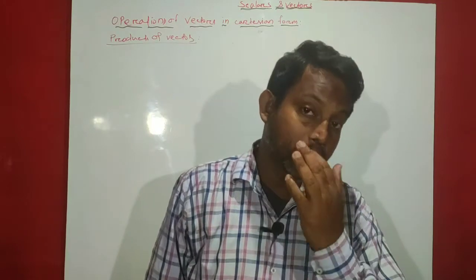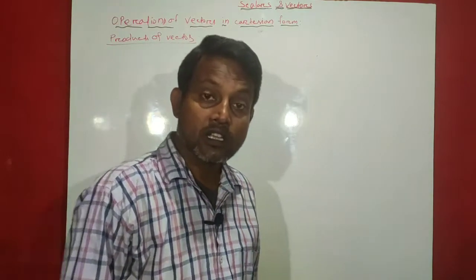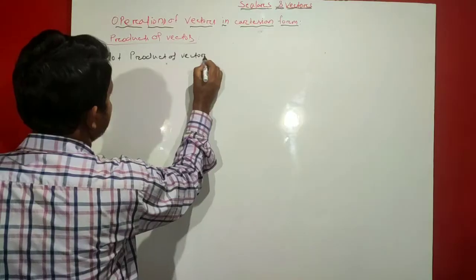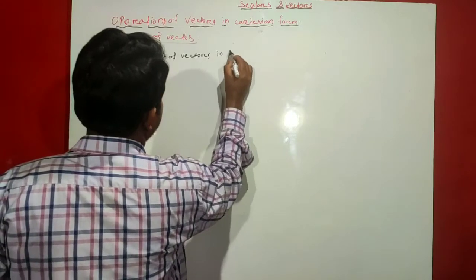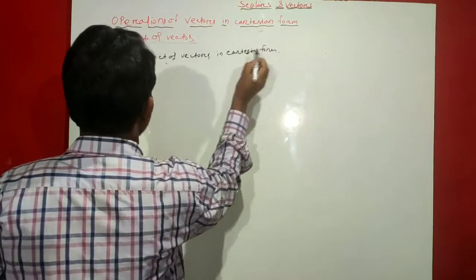There are two types of products in vectors. One is dot product and another is cross product. Today we will discuss only dot product. Dot product of vectors in Cartesian form.